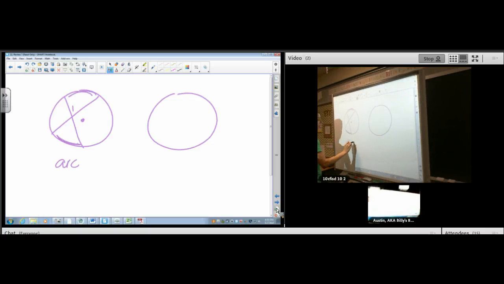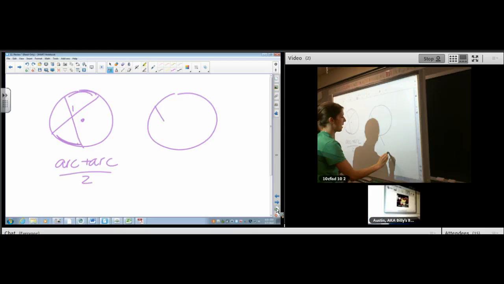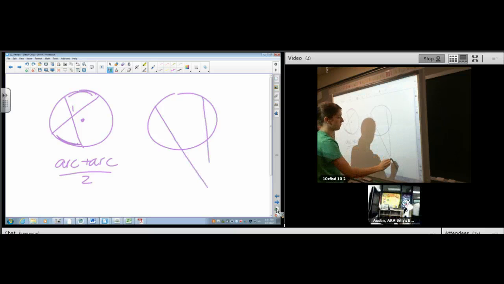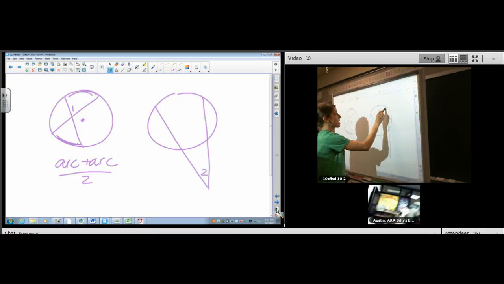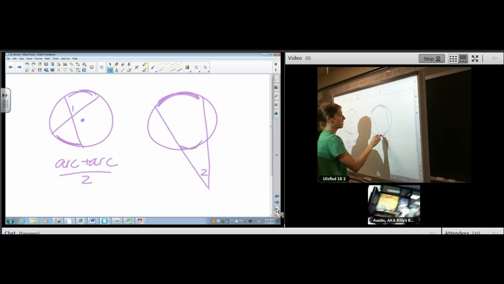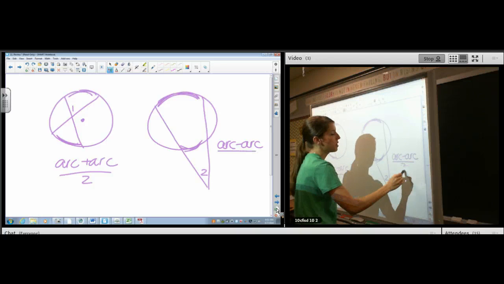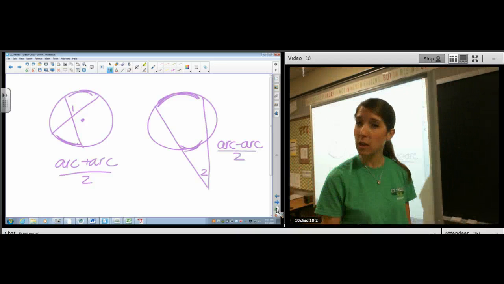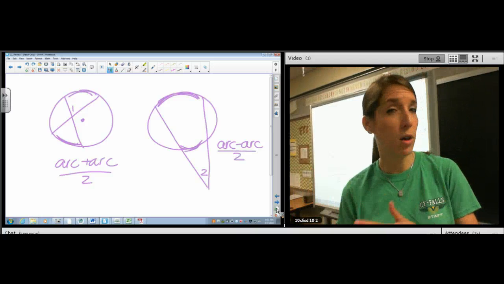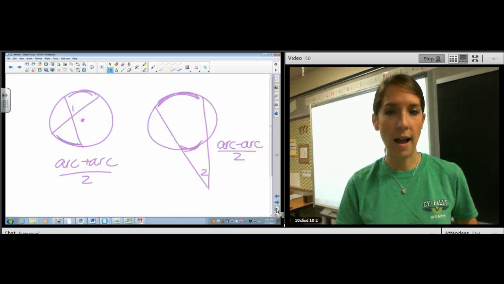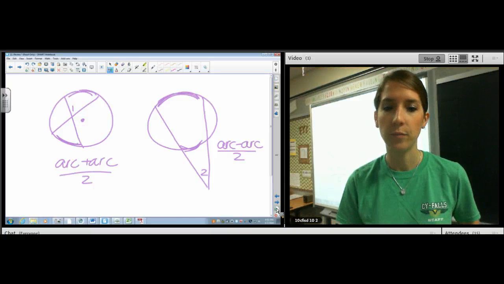You add the arcs that it intercepts and you divide by 2. If that angle happens to be outside the circle, then you do the opposite of adding. You subtract the arcs and divide by 2, making sure that you're subtracting the smaller from the larger, because you don't have a negative answer.